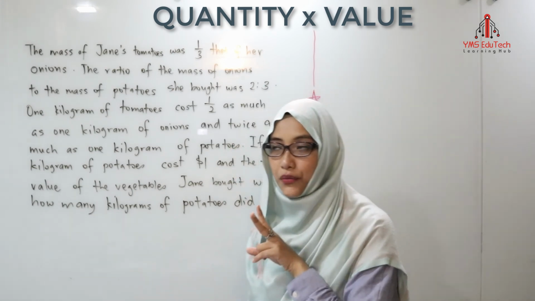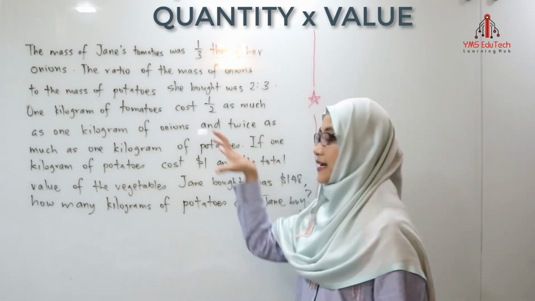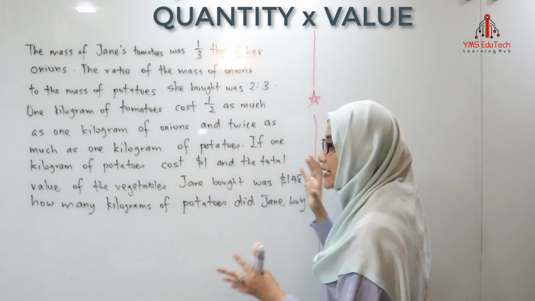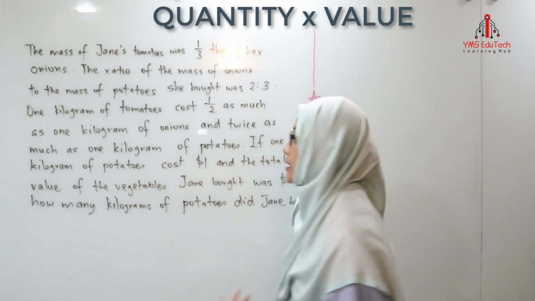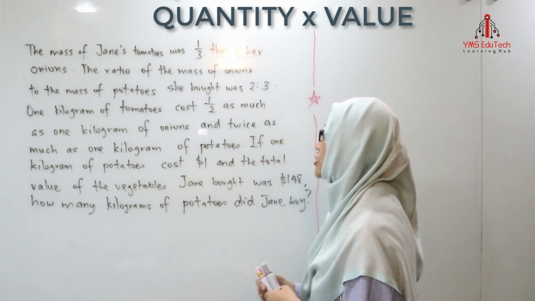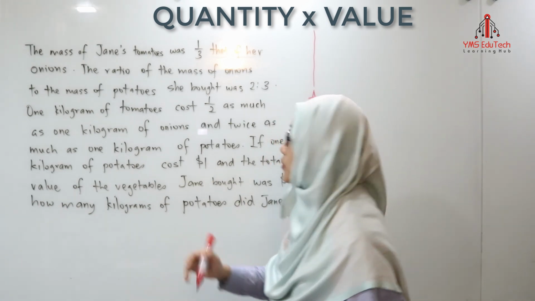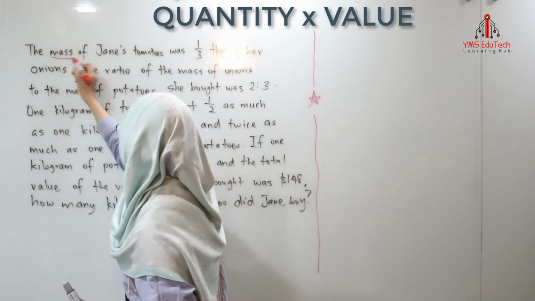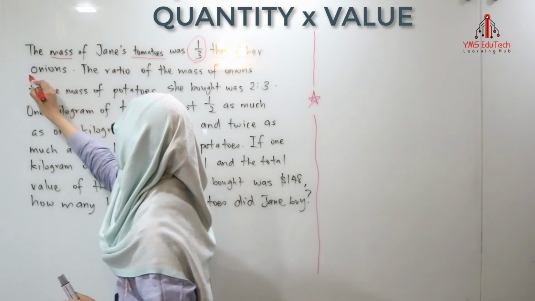The second time we are reading is to underline the keywords as well as to extract out the important information from each statement. The first one: the mass of Jane's tomatoes was 1/3 that of her onions. Keywords here are mass, tomatoes, 1/3, onions.